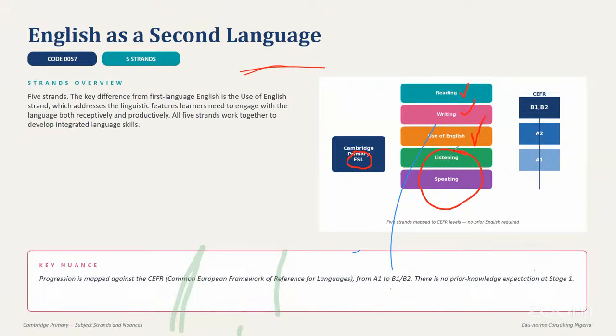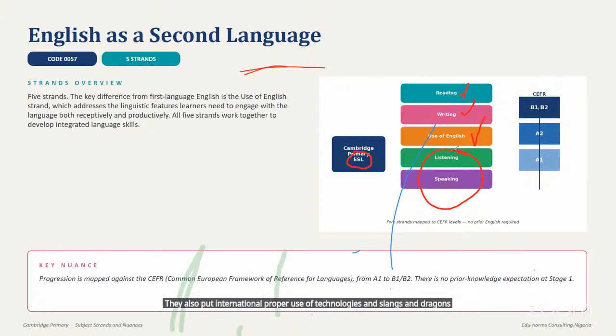So for the sake of people like me, who hear English but are not able to decode it at all, the listening strand was added to the first three strands. And then for us to be able to speak correctly and not rope ourselves, they also put speaking, so that we learn intonation and appropriate use of terminologies, slangs and jargons.